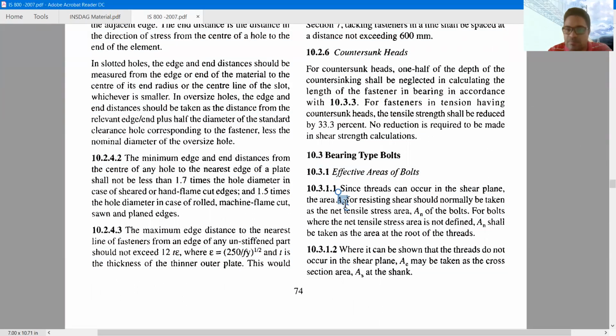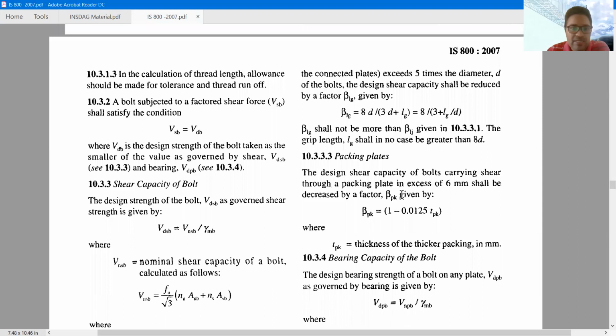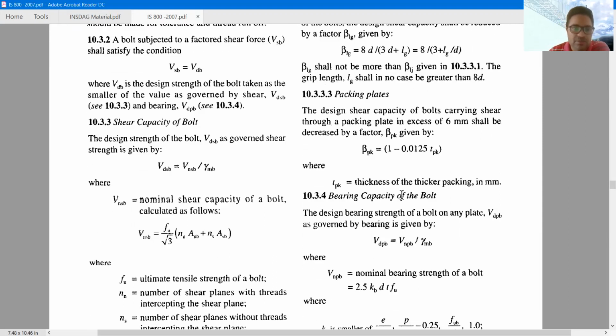Then it gives the effective area of the bolt. It may be AN or AS. AS will be the average area, and AN will be the net effective area, which is 0.78 times the normal area. Then here you see the shear capacity of the bolt, which we have seen in the previous part.